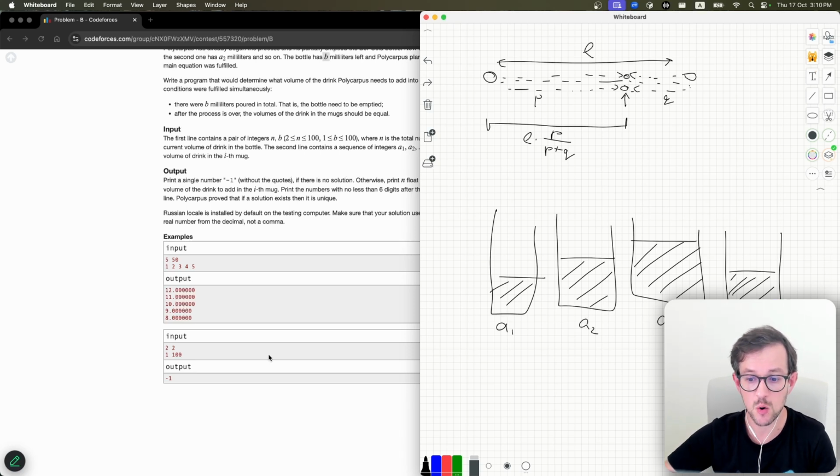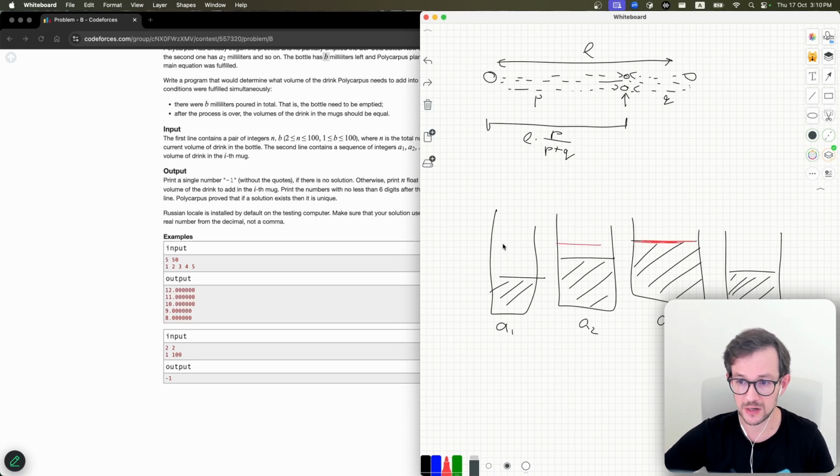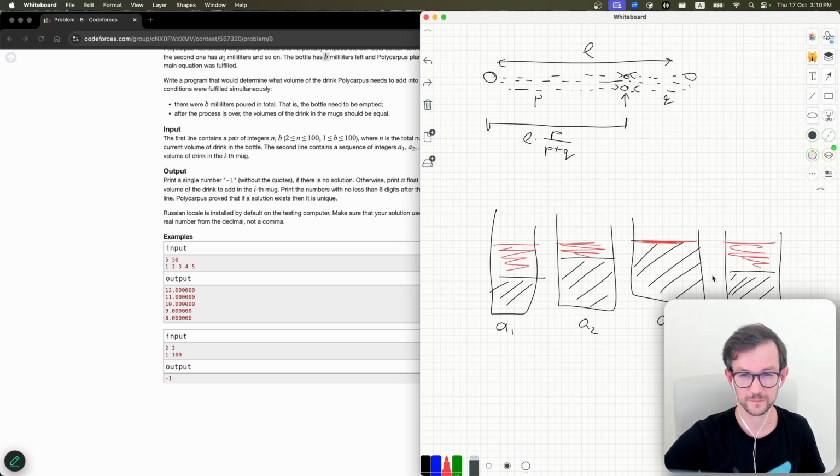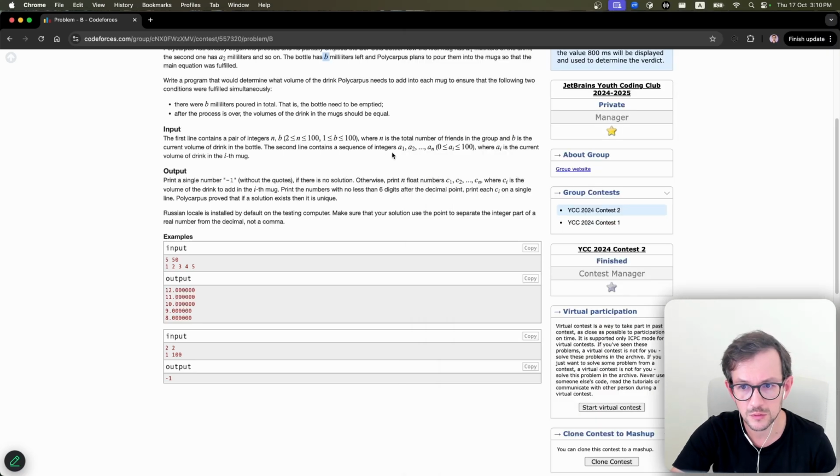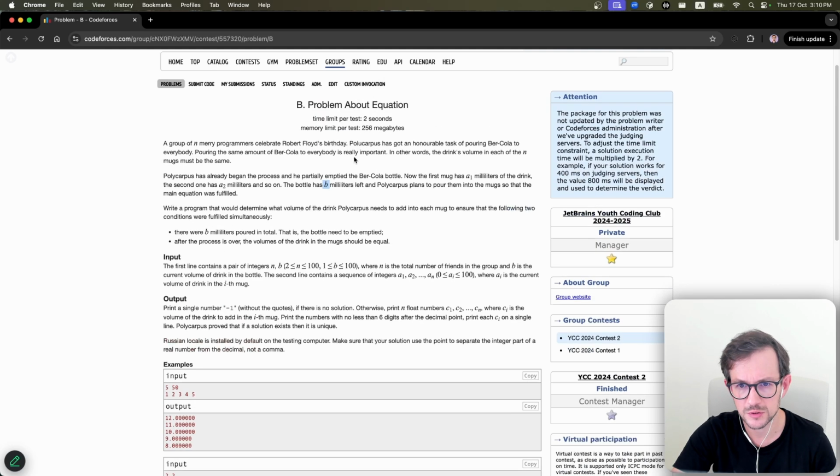So first, how can I do it? First of all, let's see. I have some maximal amount here. So if I want to equalize it, I probably need to have at least that amount in all other bottles. So if I add enough water to each bottle, no, it's not bottles.